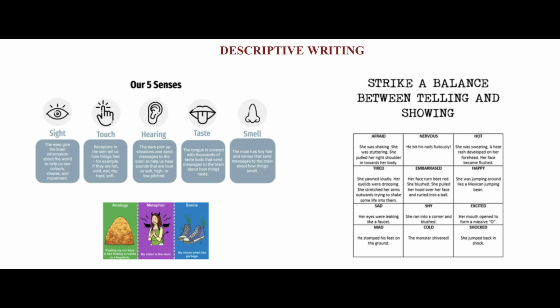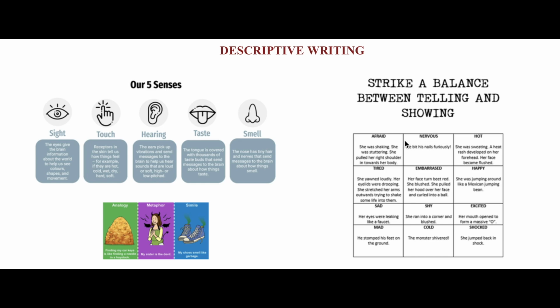Descriptive writing is really necessary to help the reader visualize the action amongst your four sections. Students ought to use their five senses and strike a balance between telling and showing. Constantly telling the reader how a particular character is feeling can get repetitive.